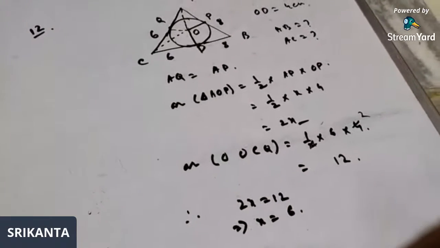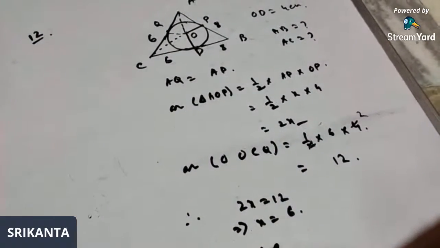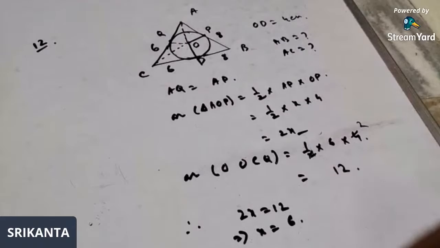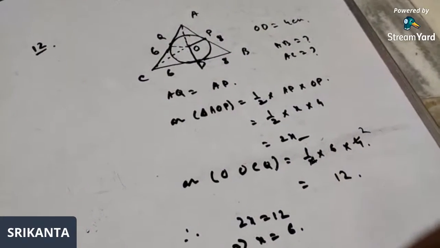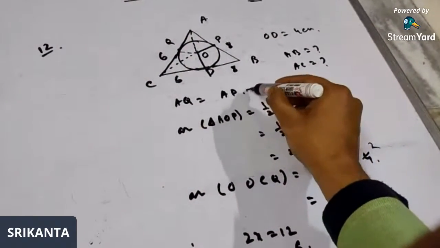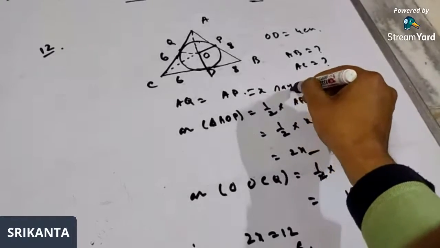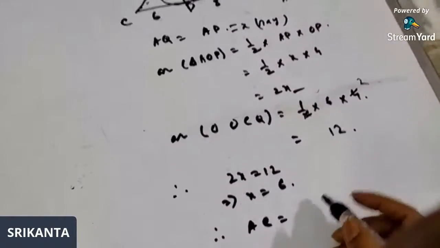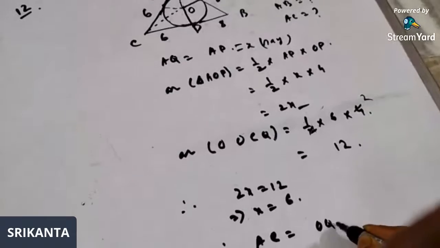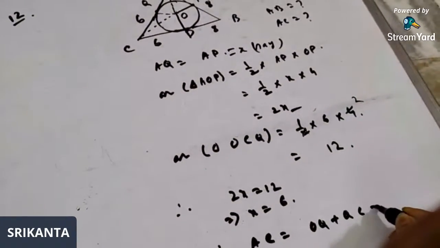Clear? Therefore, AC: what we have taken as x, we have taken AP is equal to x. So AC is then AQ plus QC.